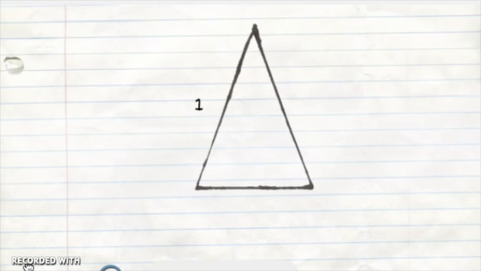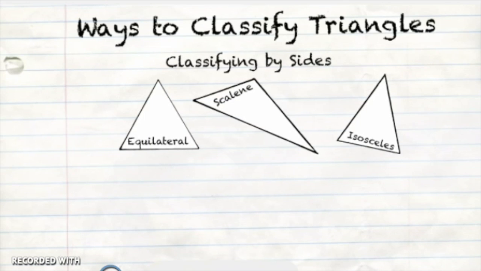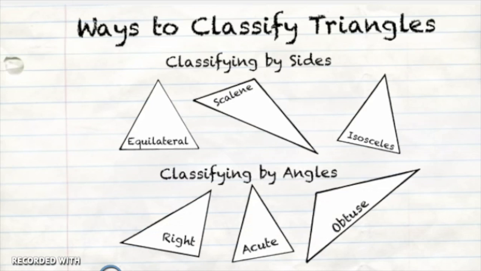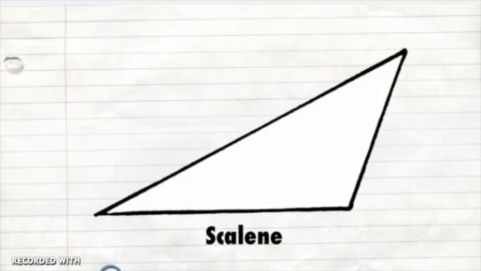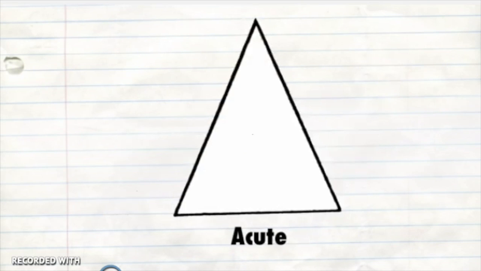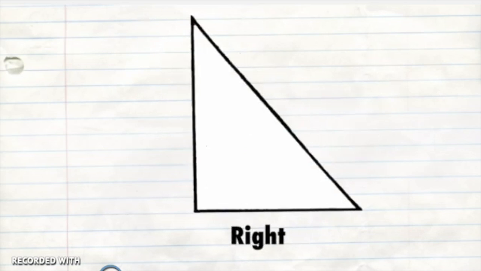Triangle has 3 sides. The angles inside add to 180. There are ways to classify by their sides, the angles inside. Isosceles, scalene, equilateral, acute, obtuse, or right triangle.